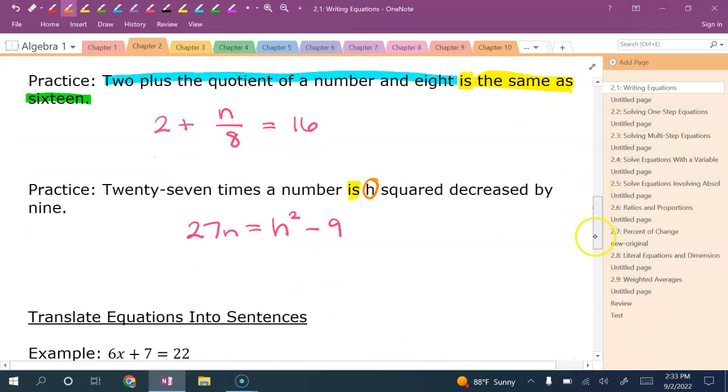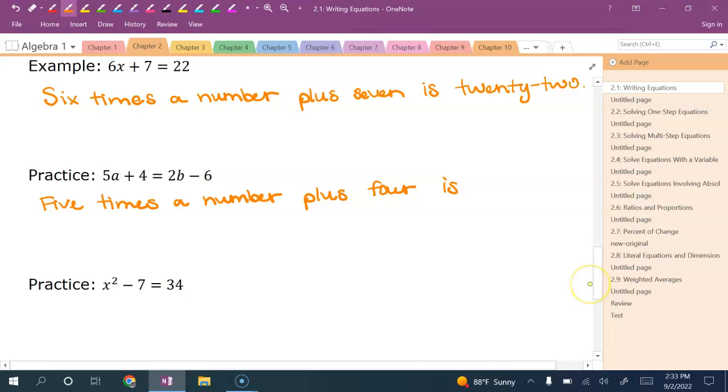So sometimes when they start getting into these problems that have more than one letter, it's okay if you want to refer to them as A or as B.